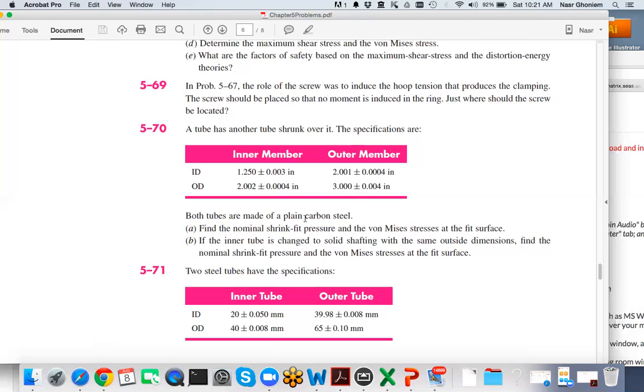Before we get there, that depends on the speed of rotation. As the shaft rotates very fast, there is a force trying to separate the shaft from the flywheel, and at the end it will become loose if the RPM is very high.